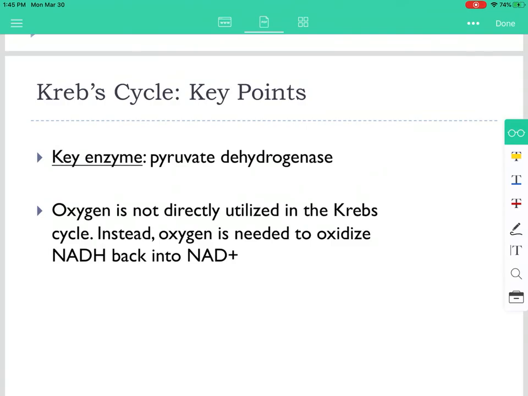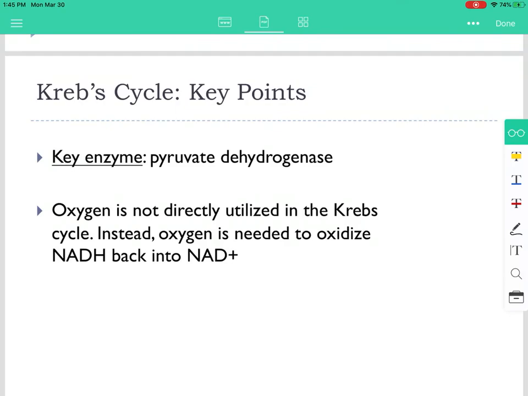I've given you one key enzyme for the Krebs cycle, but I'm not going to ask you to know it. It's not in green. And the second point, you can see it's on here, so you can read it, but I'm not going to ask you this on the test. If you're interested, even though we say that the Krebs cycle is aerobic because it needs oxygen, and that's true, it's actually that oxygen is used indirectly.